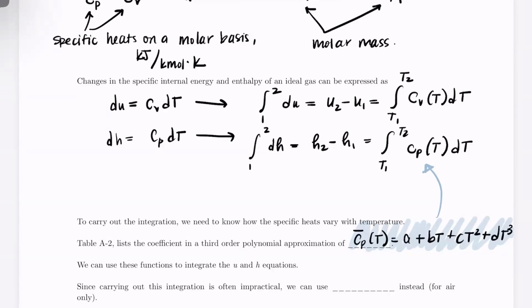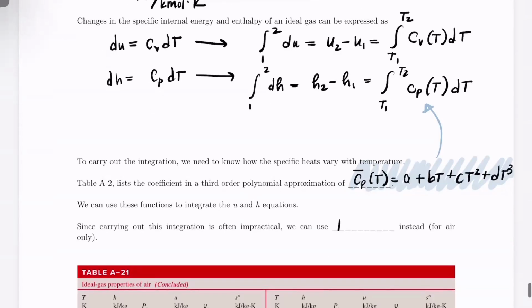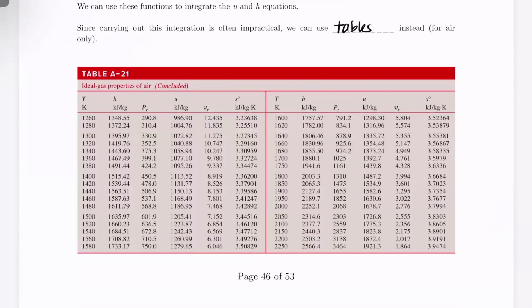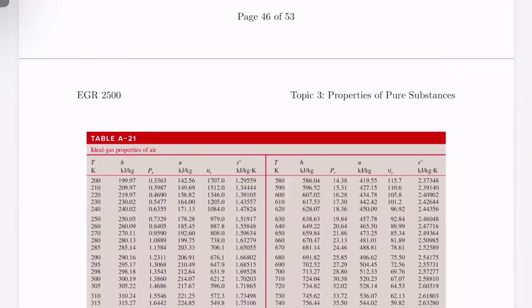Most of the time doing this integration is impractical, so we can use tables instead. Though it's notable that we only have tables for air, at least in the book, okay? All right, so those tables look like this. And it continues over here as well.